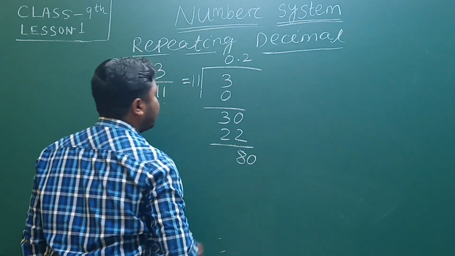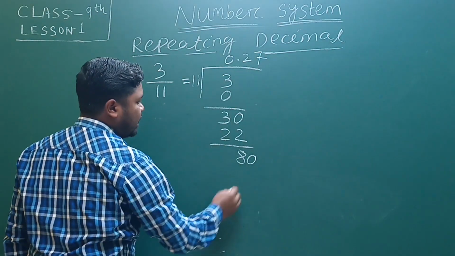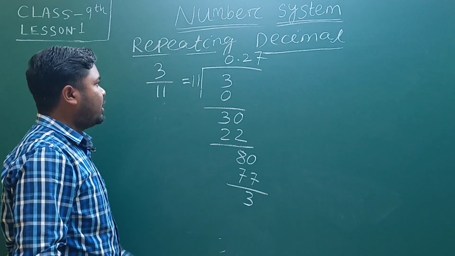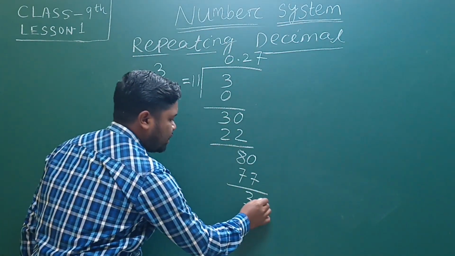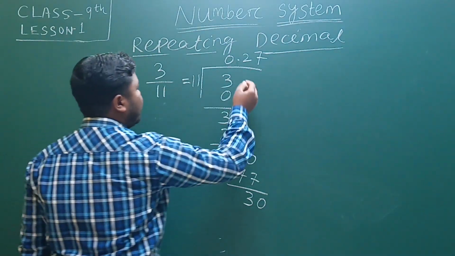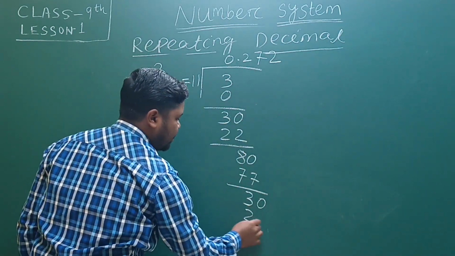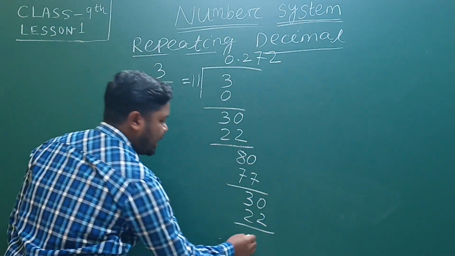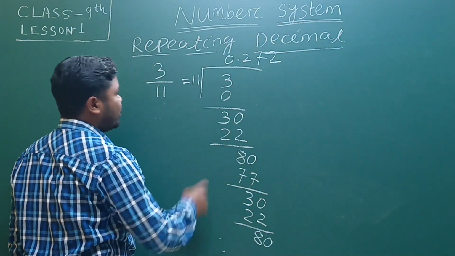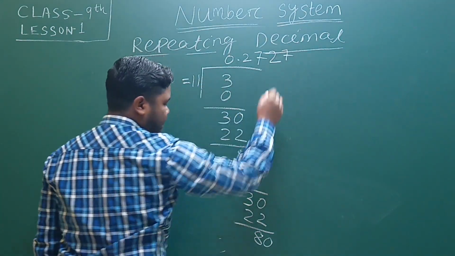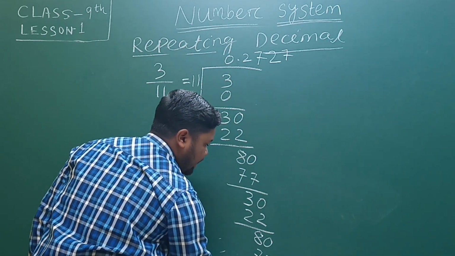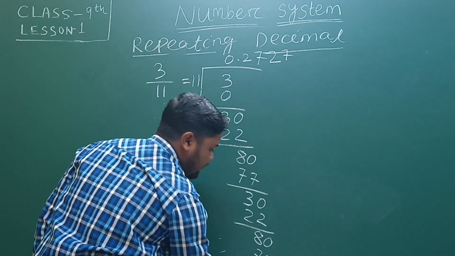So 80. 11 7s are 77. Then 3. Again we put 0. 11 2s are 22. Again we get 8. Again we put a 0. 11 7s are 77. So we get again 3.